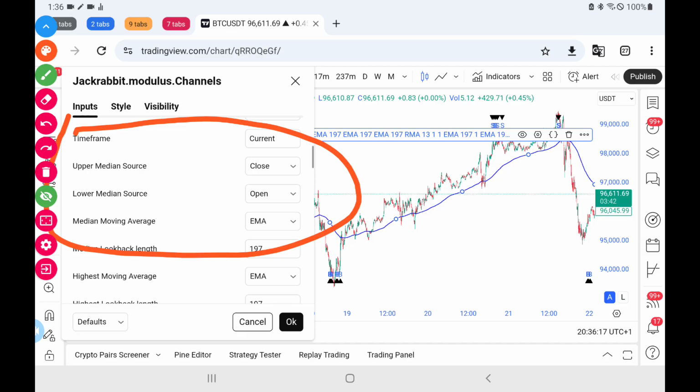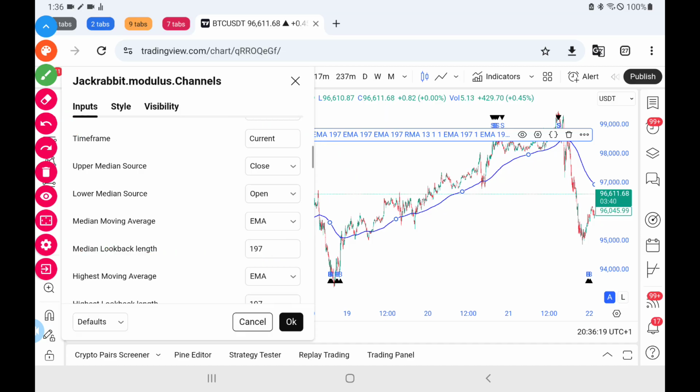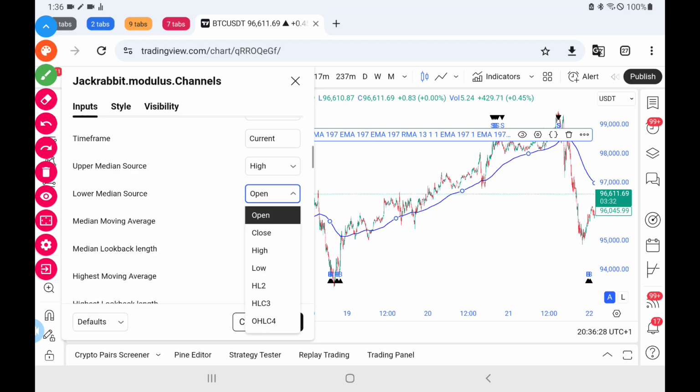For the purposes of what I want to demonstrate here, let's exaggerate this a little bit by using the high and the low of every single candle. This will give us the median by which we trade, or by which we create this moving average. But we may not want a moving average.